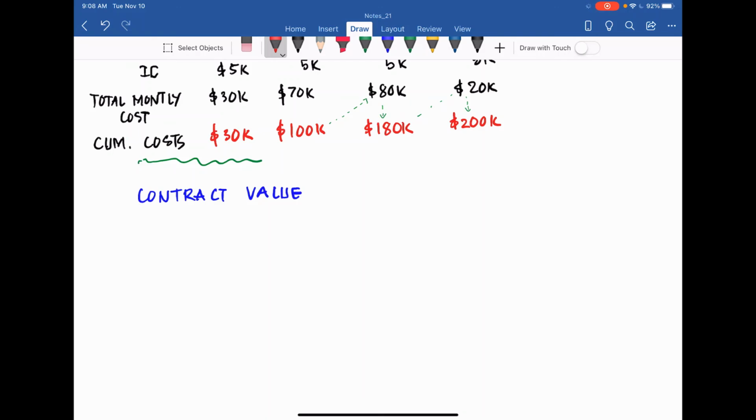Contract value equals the cost, 200,000, times 1.25 for the 25% markup given in the problem. So we determine 250,000. That is the contract amount.